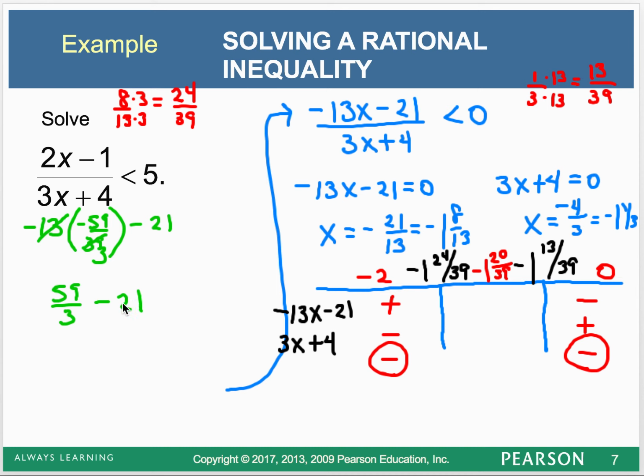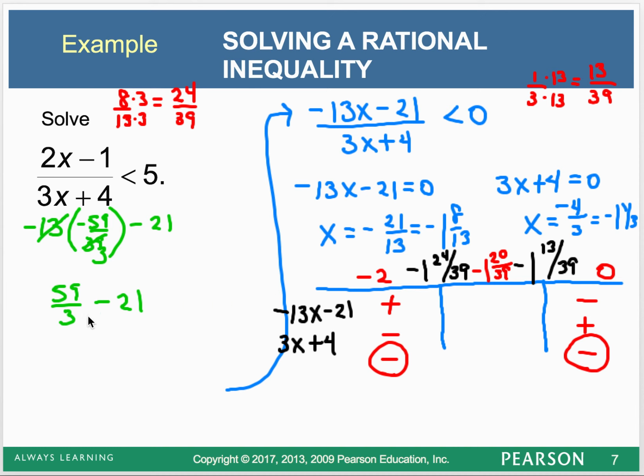I just need to know if it's positive or negative. So let's see. 59 divided by 3, that is 18 something. So this is smaller than 21. 59 divided by 3, 3 goes in that one time, 19. So this whole thing is negative.